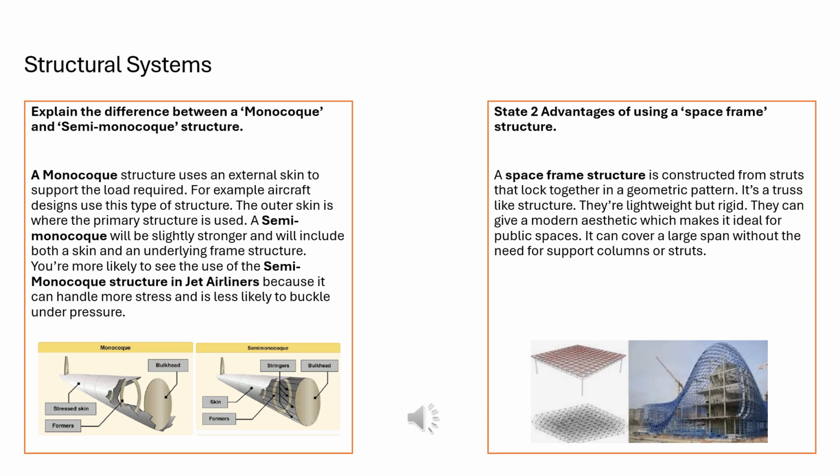The good thing is you can cover a very large space without the need for columns and structures to keep it held up. So it is very sturdy and very rigid because of how it's fitted together, and it means that you don't have to have support columns or struts.